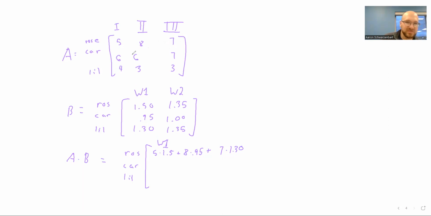Wait a second. Row 1 times column 1. I can multiply these because I have a 3 by 3 multiplied by a 3 by 2. And the result is going to be a 3 by 2.